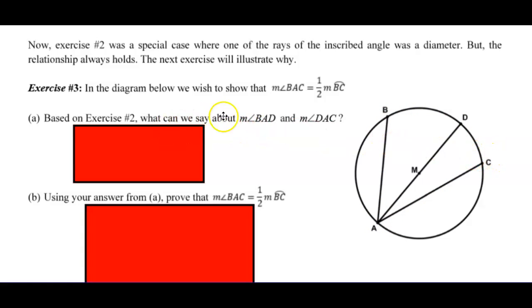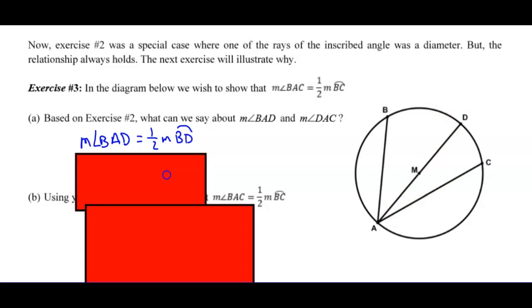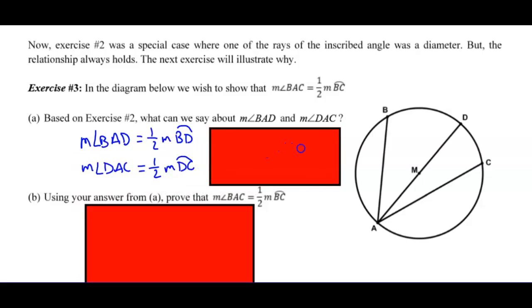So based on exercise 2, what can we say about angle BAD and angle DAC? Based on the previous exercise, BAD has to be half of its arc, and DAC has to be half of its arc. So using our answer from that, prove that this angle is in fact half of that arc.